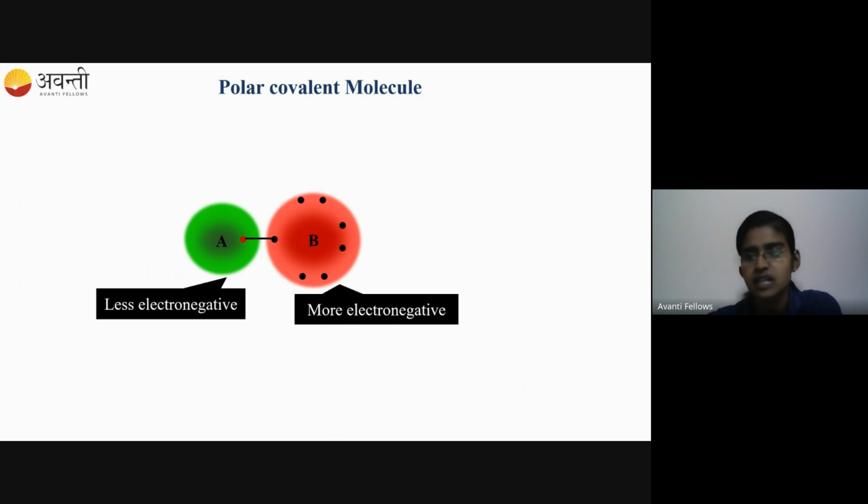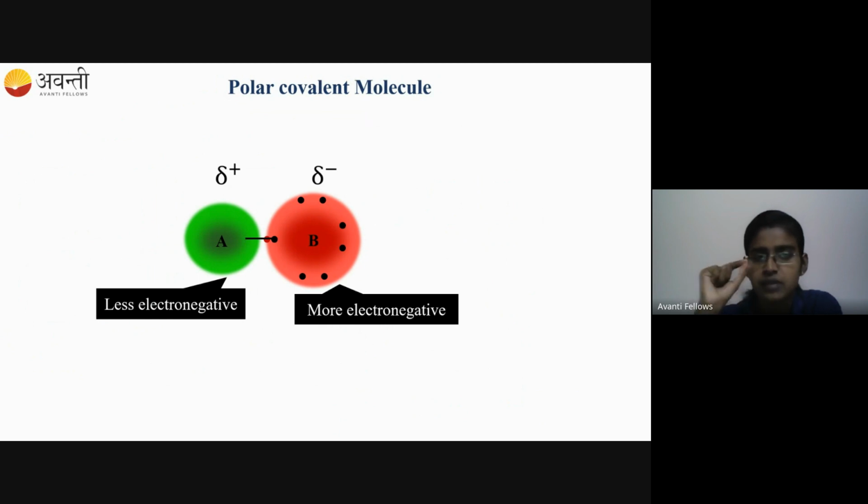That is called electronegativity. Now this atom B is more electronegative, so it will take the electron of atom A also. Now you see here, the red color atom, the electron of atom A has come toward B. Before it was with A, now B is electronegative, no? So it has gained atom A's electron also.